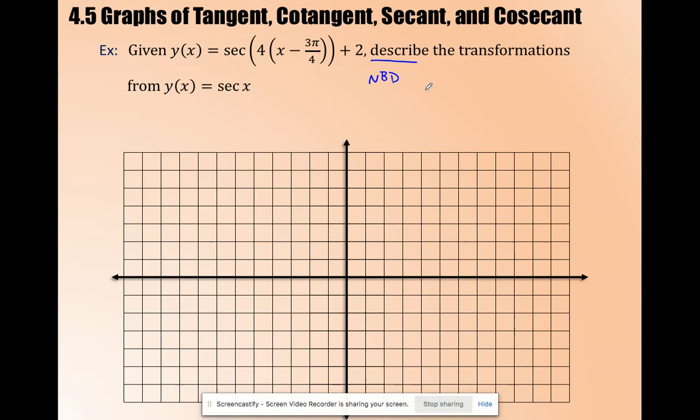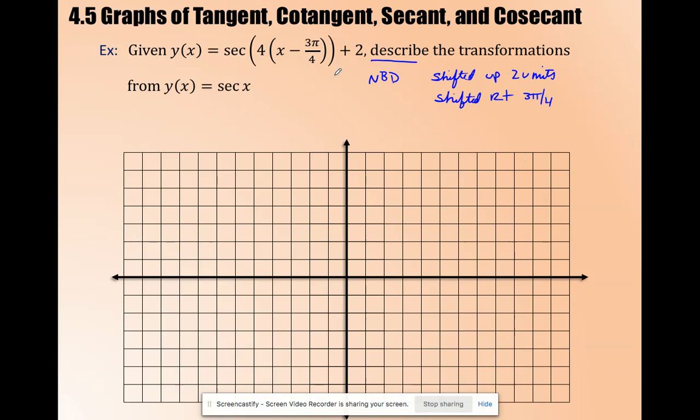So what's happening? Since my sinusoidal axis is y equals 2, the whole graph has been shifted up 2 units. Since my phase shift is 3 pi over 4, my whole graph has been shifted right 3 pi over 4 units.